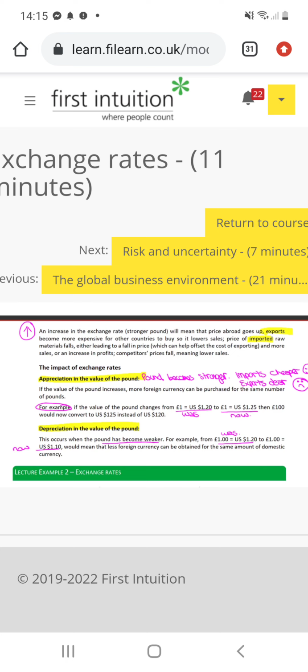This would mean that less foreign currency can be obtained for the same amount of domestic currency. So our pound is becoming weaker. So imports are dear and exports are cheap.